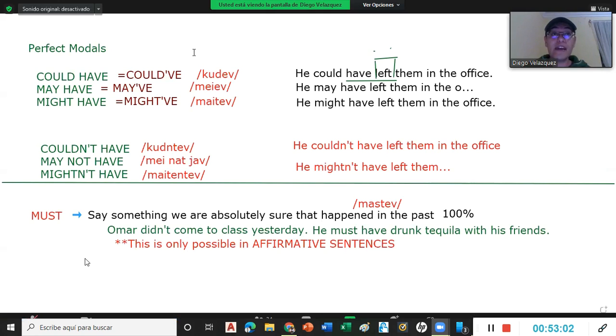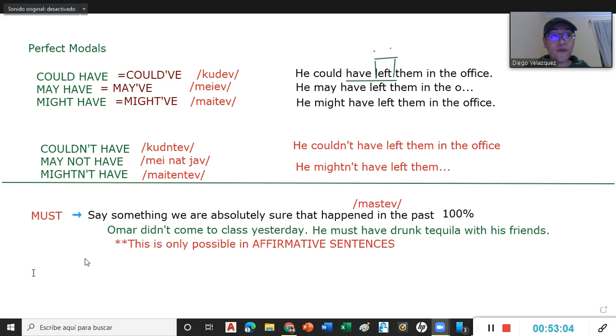Why not in negative, guys? Because for negatives, must has an automatic equivalent as a perfect modal. And this perfect modal is can't, which is the same as must, but for negatives. What's that?